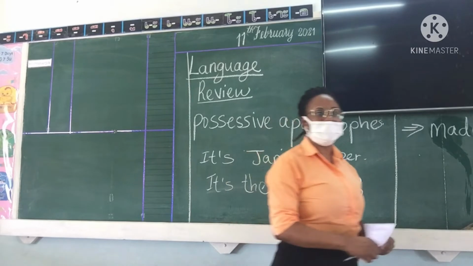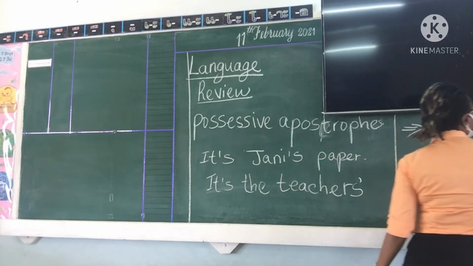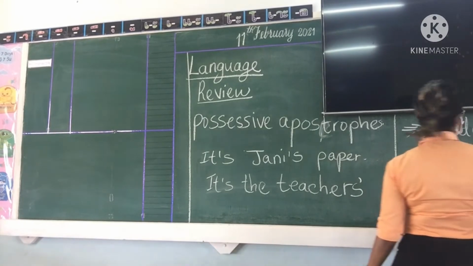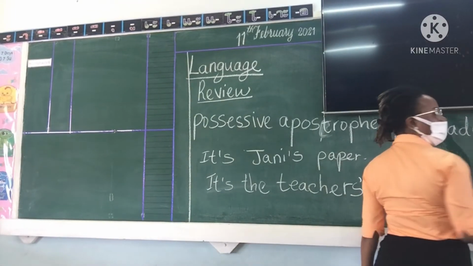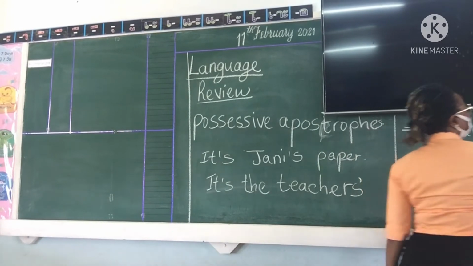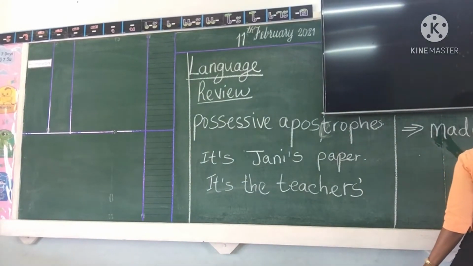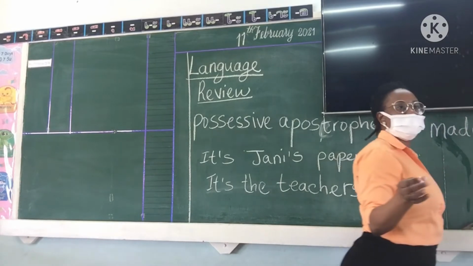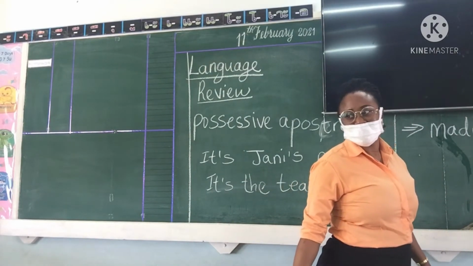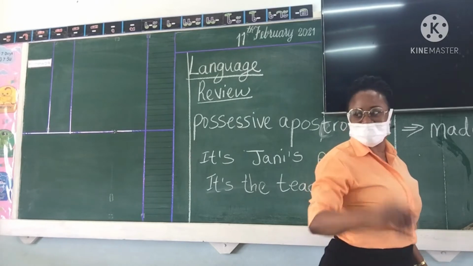Raw materials. We have plastic. Yes, what else? What do we have again? Wood. We also have wood. Yes, what else? Again. Cotton.